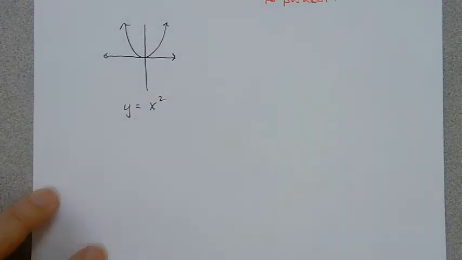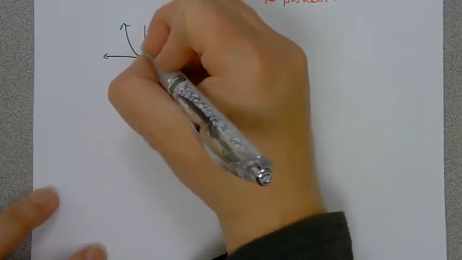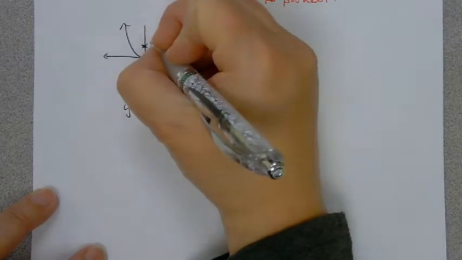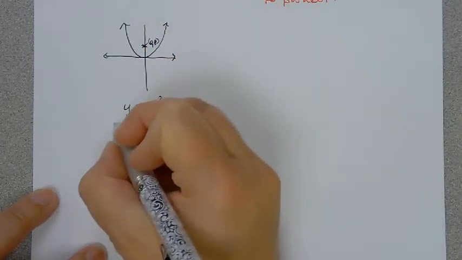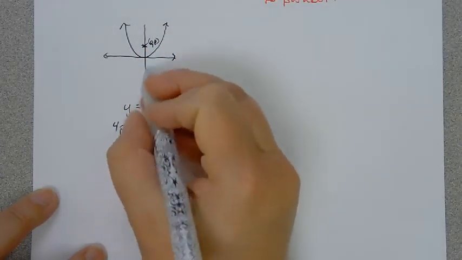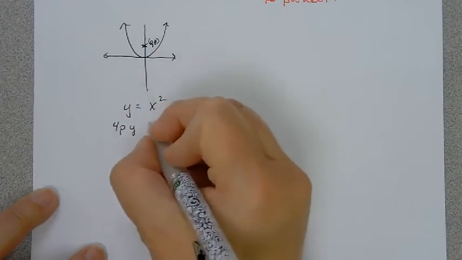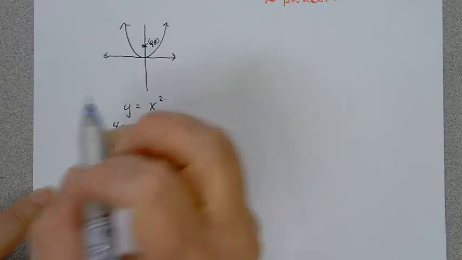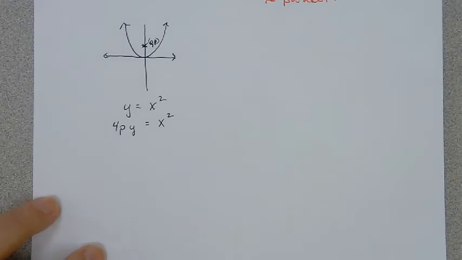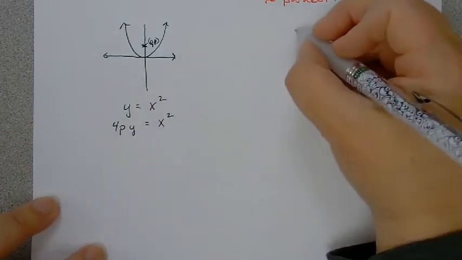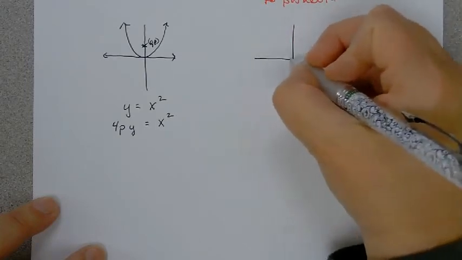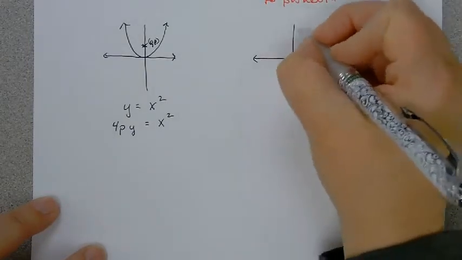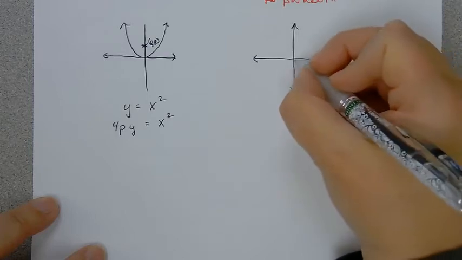And so another formula that would work for this is, if you know this focus point right here is the point (0, p), then you can take 4 times p times y, and it should equal x squared. And I'll try to make sense in a little bit about what this focus point is used for. Okay, if we have a parabola that is facing downward, it looks like that.